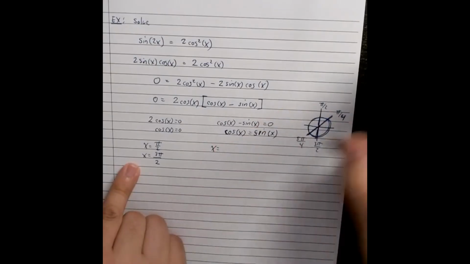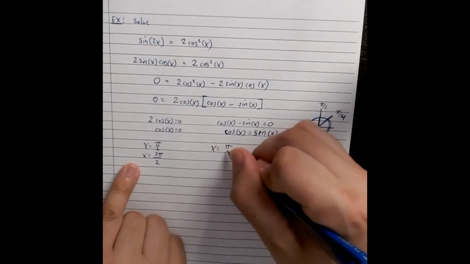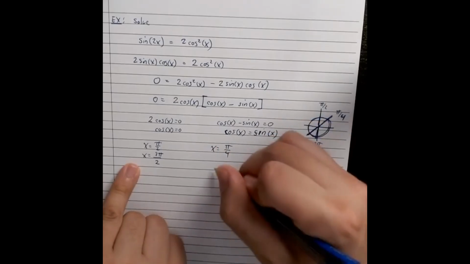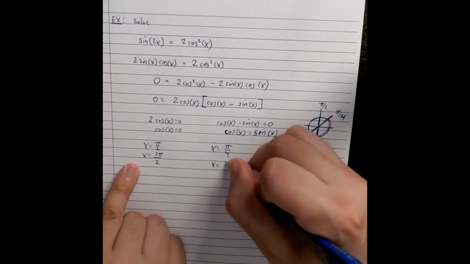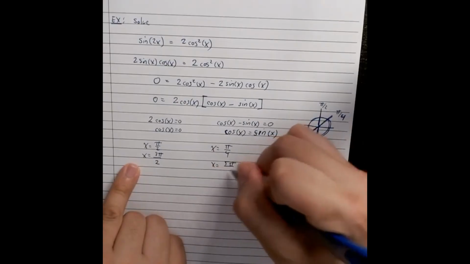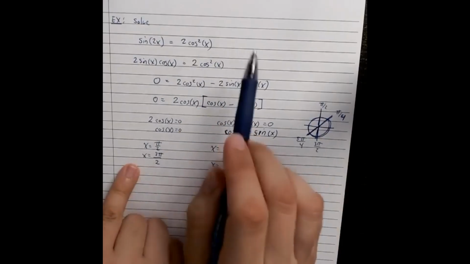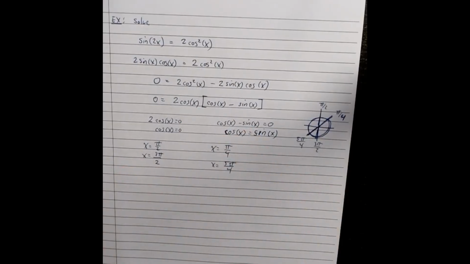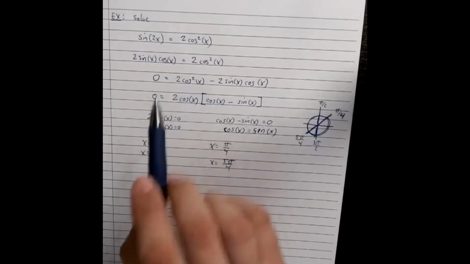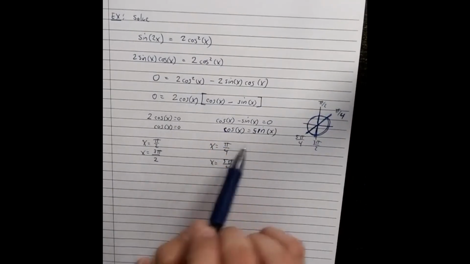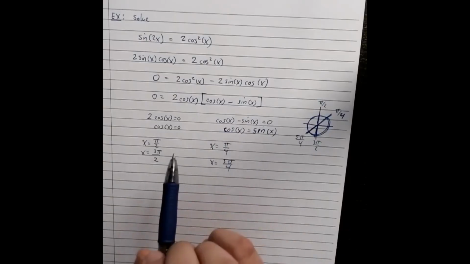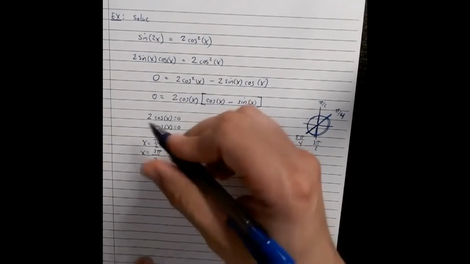So I have x is equal to pi over 4, and I have x is equal to 5 pi over 4. And of course, we're not looking for any solutions in particular. We're looking for any and all possible solutions. So here, all of our functions, sine and cosine, have the period of 2 pi.